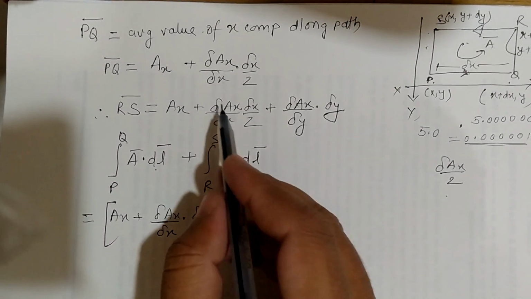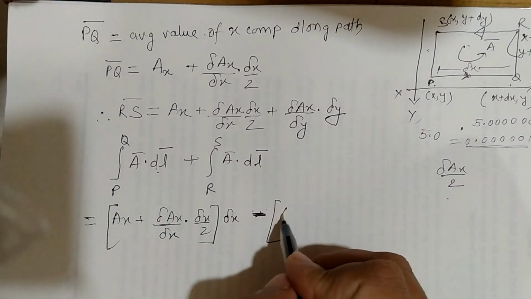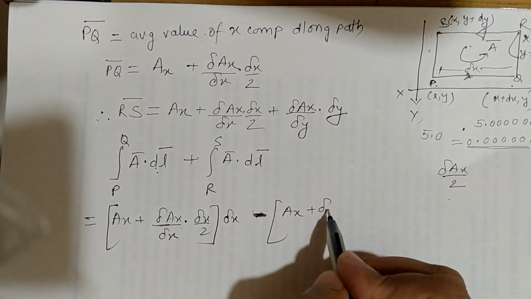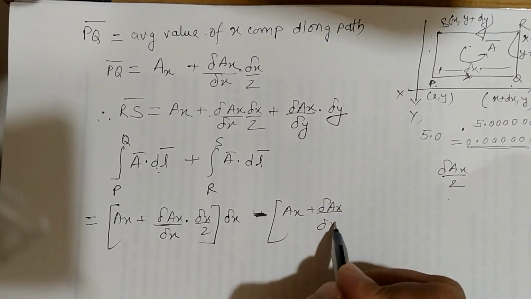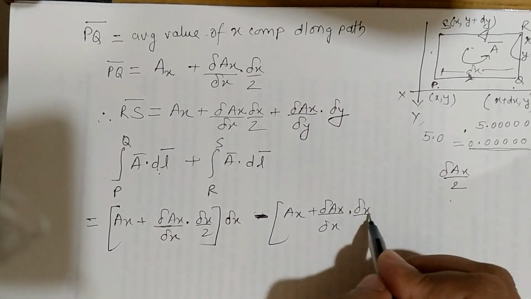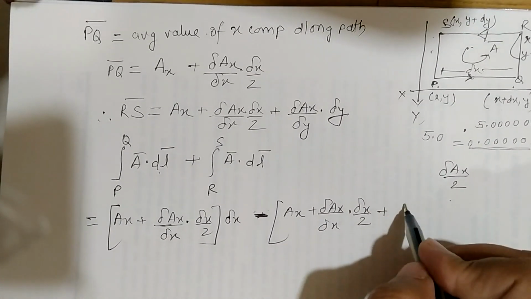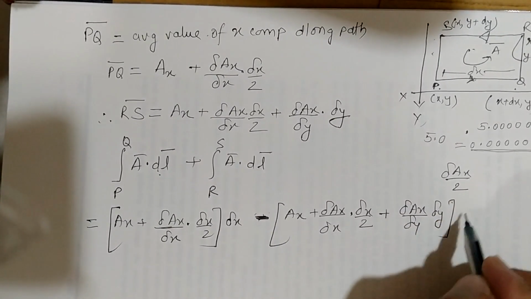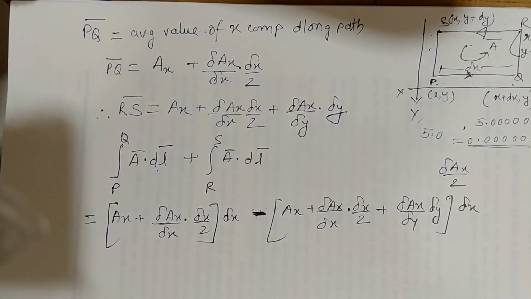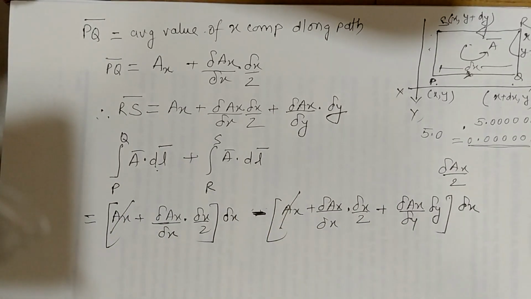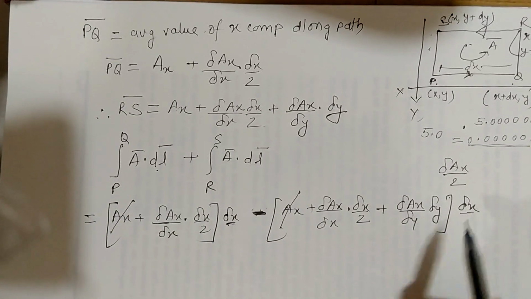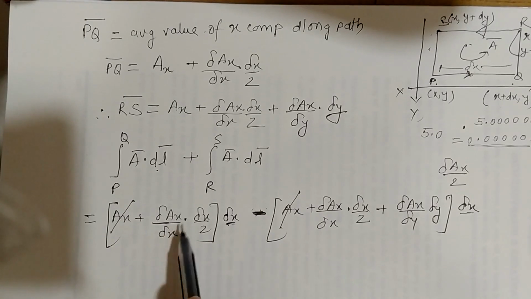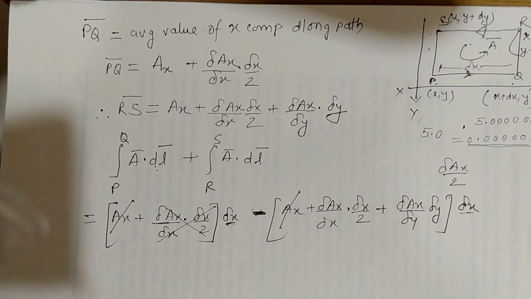So the value for RS will be this one: Ax plus delta Ax by delta x into delta x by 2, plus delta Ax by delta y into delta y, all into delta x. Now if we solve this bracket, the Ax will cancel, no doubt. Here we have delta x as a common thing, so Ax will cancel each other. Now this delta Ax and this delta Ax will cancel each other.